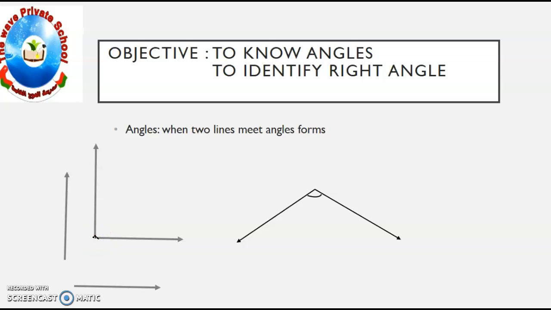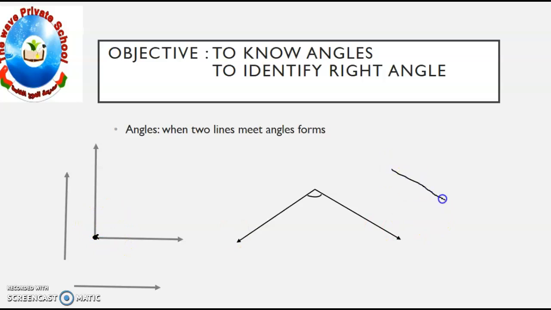Here it's meeting. Here is the vertex also. So this is the vertex, the meeting position of two lines. When we meet one end part of a line and the end part of a second line, an angle forms. So this is an angle.